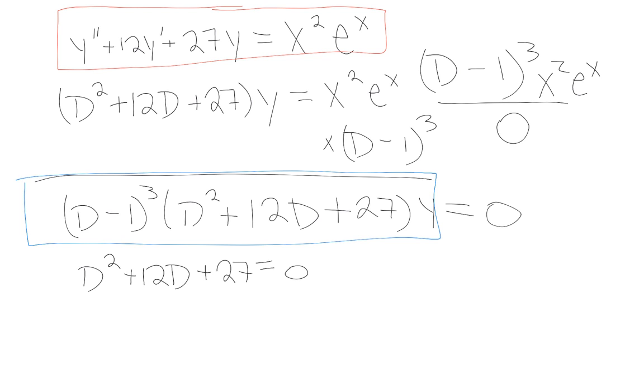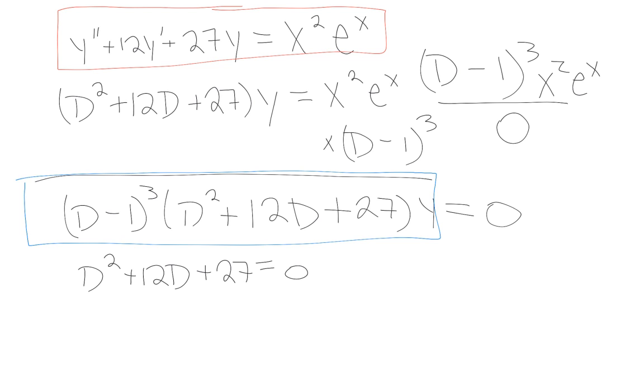So when you get an algebraic equation and you factor it into two things like this, so long as you get 0 on the other side of the equal sign, you can take both of them and set them equal to 0 and solve them as multiple equations. So the same logic would apply with differential equations as well. So here I've got D^2 + 12D + 27 = 0. And this is going to yield the homogeneous part. So this is the homogeneous solution and not the particular solution.